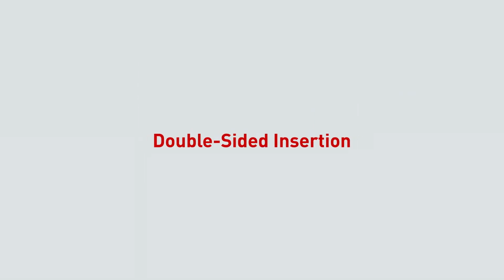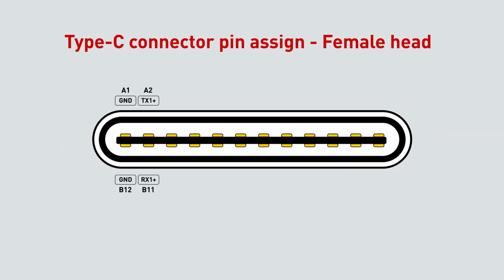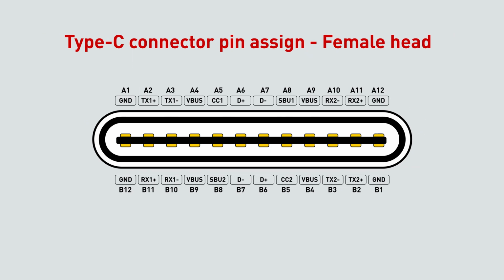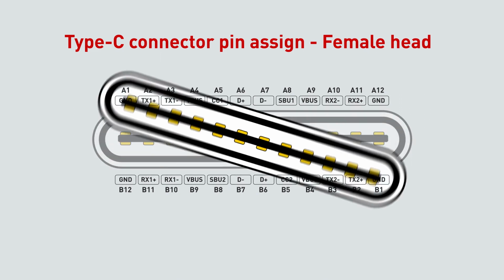From the internal structure of the female head, we can see Type-C is unified into one shape. 24-pin design, and one cable can support all devices with Type-C terminals. More interesting is, it can be overlapped after 180-degree rotation.